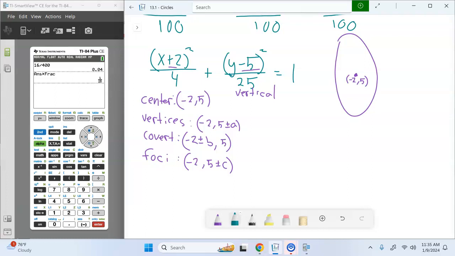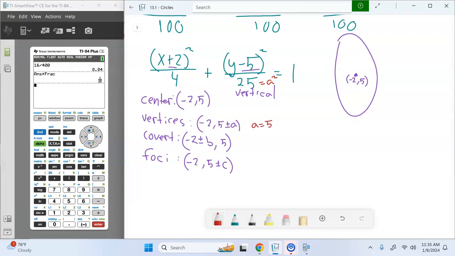So let's look for A. Let's start with that one. Where am I going to look for A, for my major axis? The biggest number. What's the biggest number? 25. So 25 is A squared. What does that make A? 5.